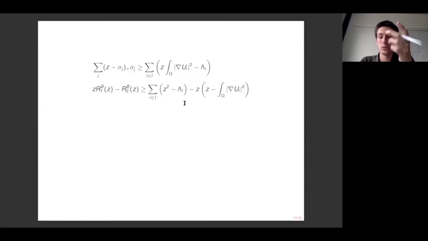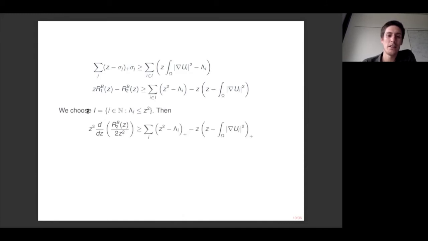In order for this to happen, we make a choice for the subset of indexes in the variational principle, and we take those indexes for which the Laplacian eigenvalues stay below z squared.